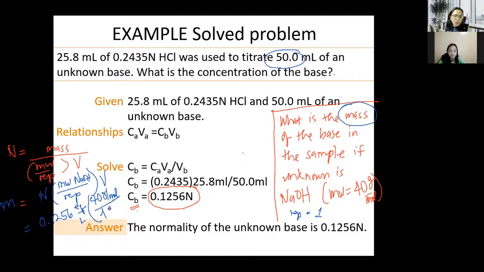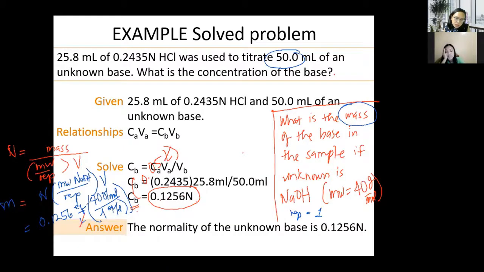So this is 1 equivalent per mole. Okay, mole. Tapos anong volume ng ating base? That's 50 ml. So that's 0.05. Maklaro ba? Yung volume ng base natin, multiply natin siya dyan. Multiply natin sa 0.05 liters.